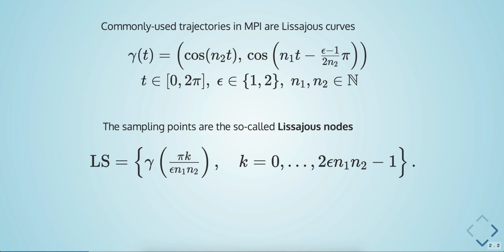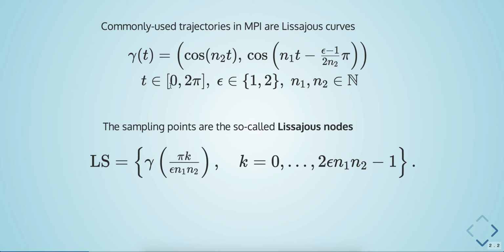Now, a commonly used trajectory in MPI is, for instance, the Lissajous curve, which is those gamma of t, which are two cosines of different integer frequencies. And the sampling points on these curves are the so-called Lissajous nodes, that are these ones.